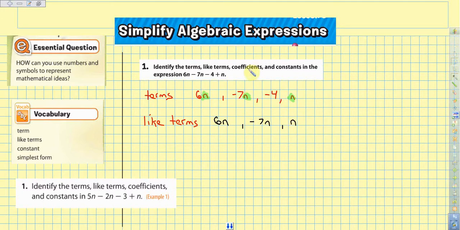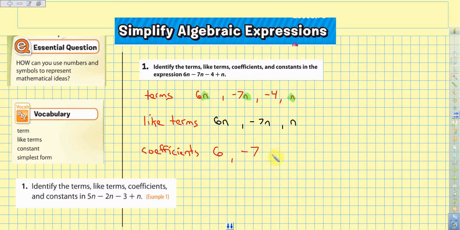Okay, so now I have to figure out, well, what are my coefficients? And if you remember what a coefficient is, it's a number next to a variable. So I have a 6, and I have a negative 7.